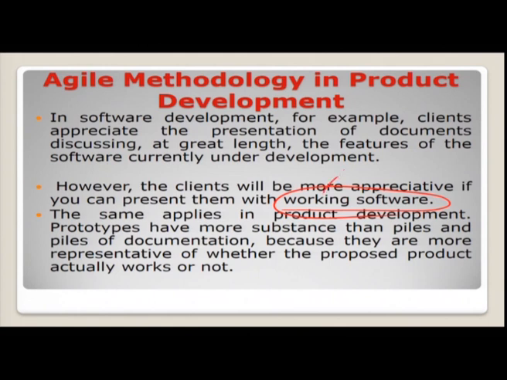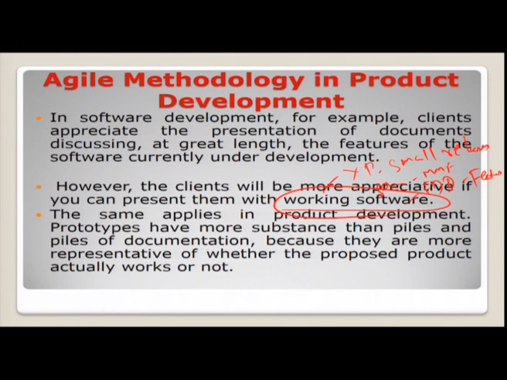In XP, we have small releases. In Scrum, we have minimum marketable features. In FDD, feature driven development, we have small features. Similarly, the same applies in product development too.